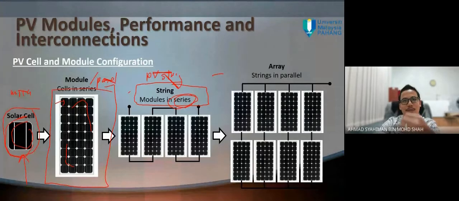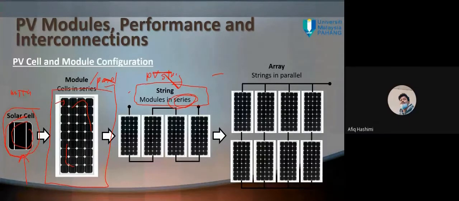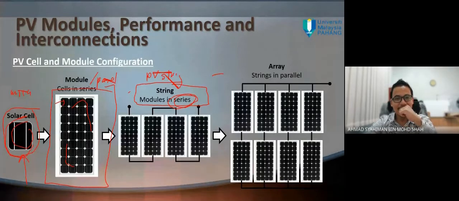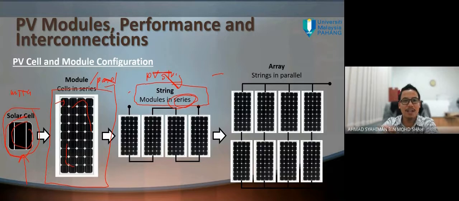Kenapa voltage berubah? Tak tahu lah. Main teka. Betul-betul main teka ni. Saya tanya orang lain lah. Lim Sen Ye. Yes, sir. What will happen when we connect the solar modules in series? Your friend said the voltage will change, but the current remains.